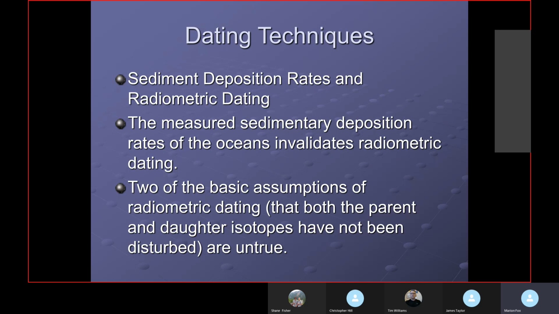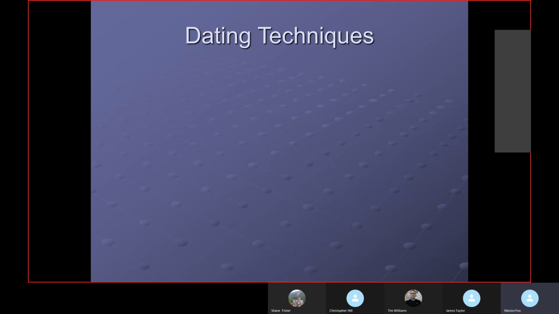The daughter isotope, with carbon-14, would turn back into nitrogen. Some of your other ones, like uranium, will go through other elements, just like carbon-14 does. So the daughter isotope is what's generated as a result of radioactive decay.